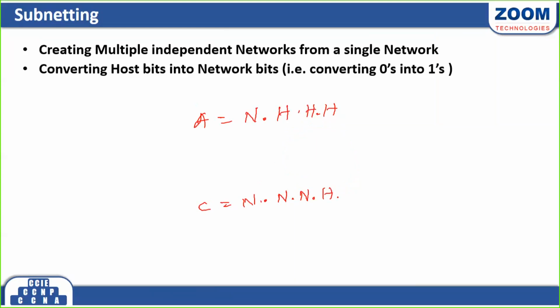So host means zeros, 8 bits, 8 zeros. So what we need to do is convert host bits into network bits. How many bits we convert depends on our requirement. Based on requirement, we can convert 1 bit, 2 bits, 3 bits or 4 bits.